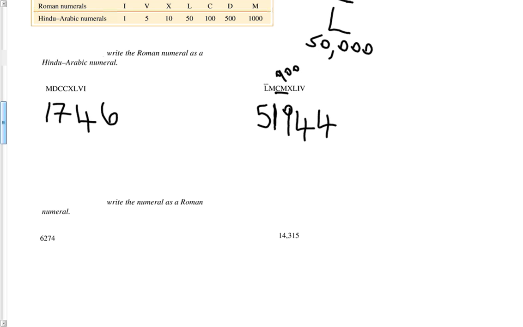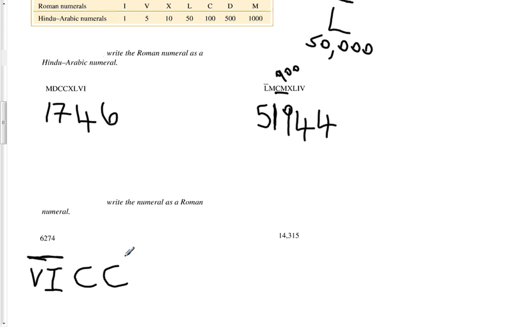So the way I'm going to write the 6,000 is I'm going to write 6 as VI, and put a bar over the VI to represent 6 multiplied by 1,000, so that's 6,000. And then this 200, I can write two C's to represent 200 because C is 100.